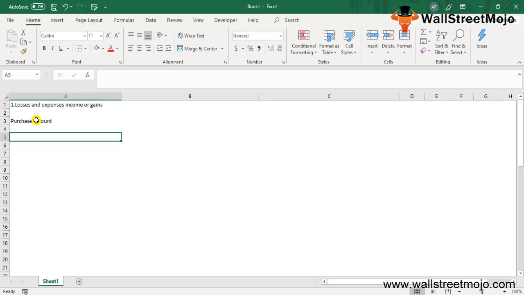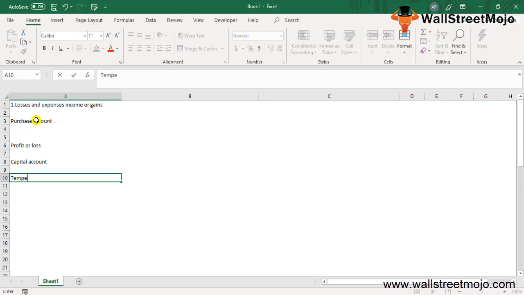So the final outcome of the nominal account is either profit or loss, which is then ultimately transferred to the capital account. The nominal account is an income statement account, that is expenses, income, loss, profit, and is also known as a temporary account, unlike the balance sheet accounts like asset, liability, owner's equity, which are permanent accounts.